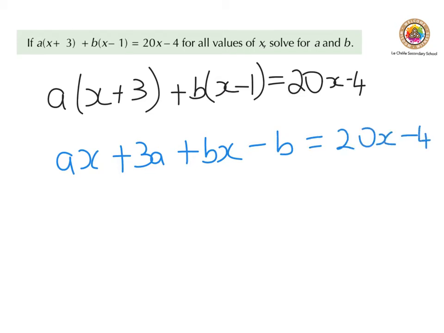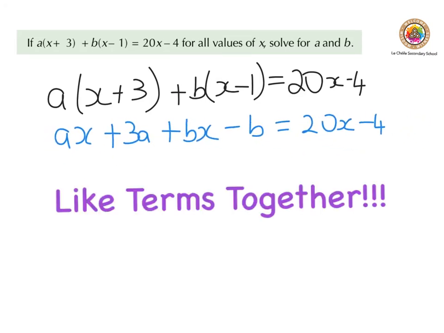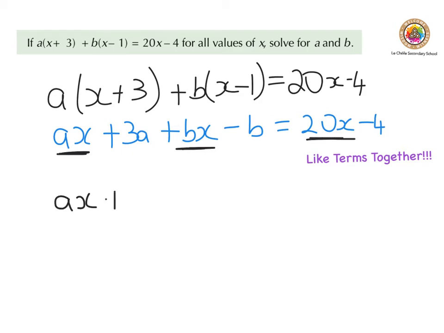Now again, our same rule applies, which says like terms together. So I'm going to keep my x terms to one side and my constant terms to another side. Here I have an x term, here an x term, and here an x term. So I'm going to say ax plus bx is equal to 20x.